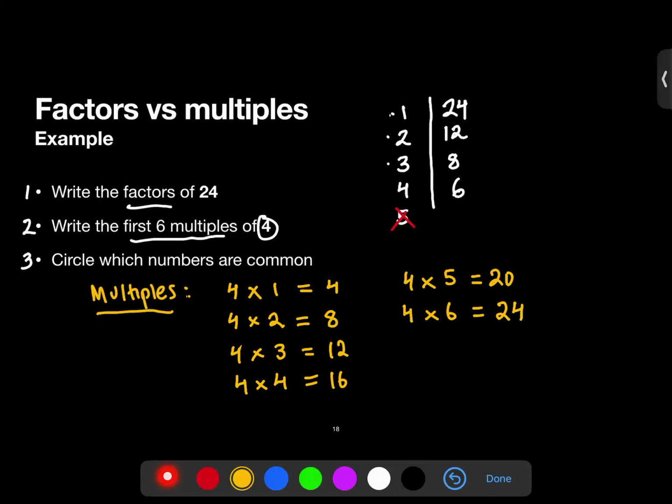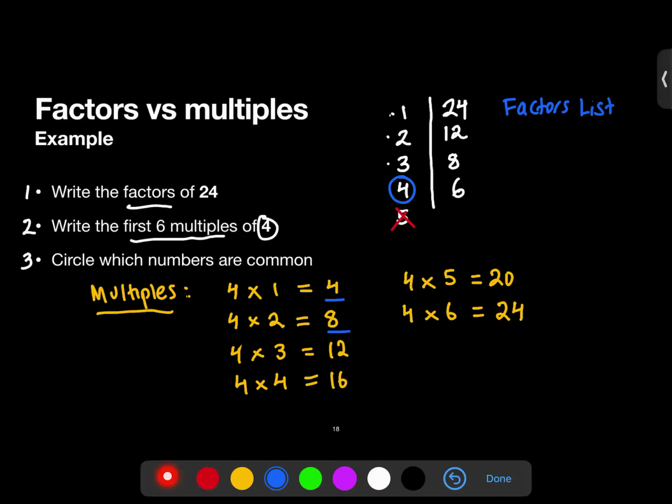So these are the first 6 multiples of the number 4. And now we will circle which ones are common. So we'll start with 4. Is 4 a factor in the factors list? It is, right? So we'll circle 4.